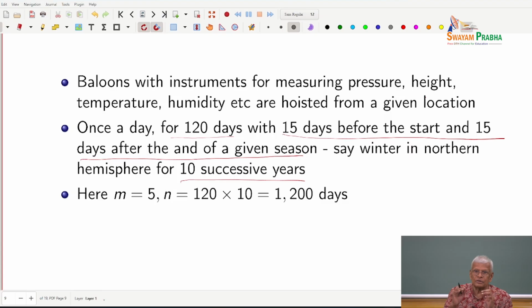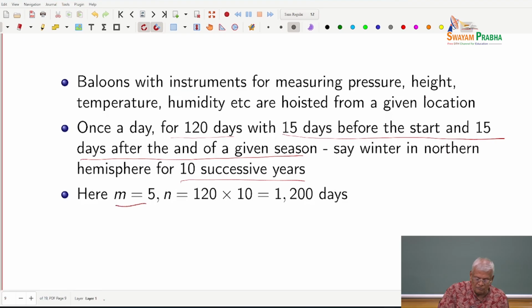There are 4 seasons, each season is 3 months, and 3 months is 90 days. But I'm going to observe the seasonal weather 15 days prior to the start and 15 days after, for a total of 120 days. So I have measurements for 120 days for each year for 10 successive years.